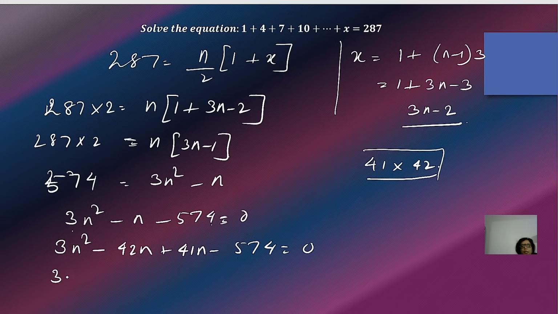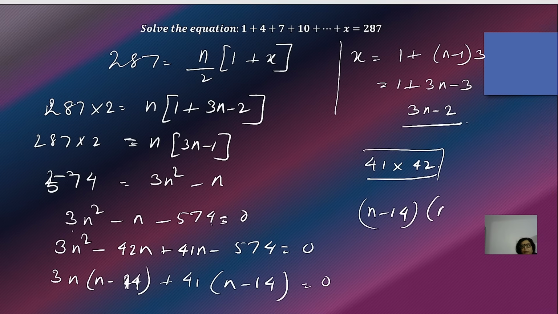Take out 3n common: 3n into n minus 14, plus 41 common, n minus 14, is equal to 0. So n minus 14 and 3n plus 41 are the two factors.